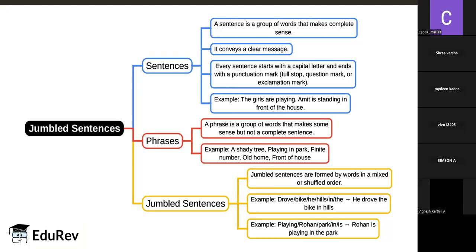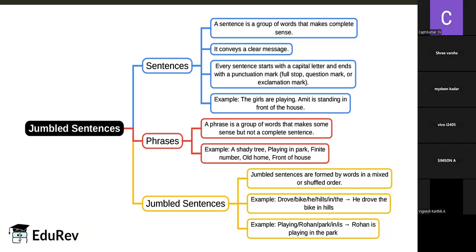Now we'll move to the second part, that is phrases. A phrase is a group of words that make some sense but not a complete sentence. Example: a shady tree, playing in park, the night number, old home, front of house.